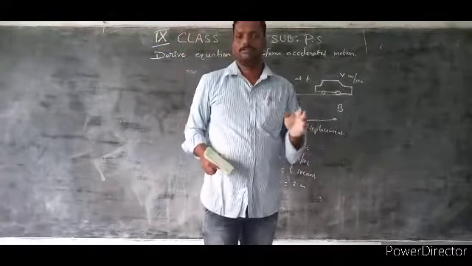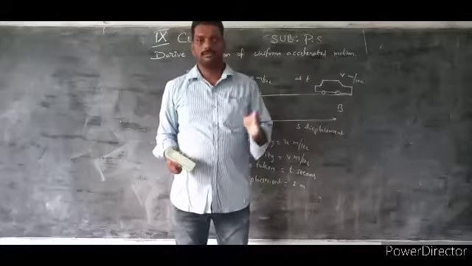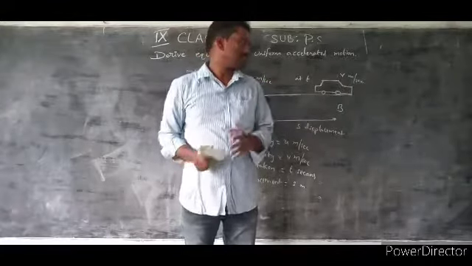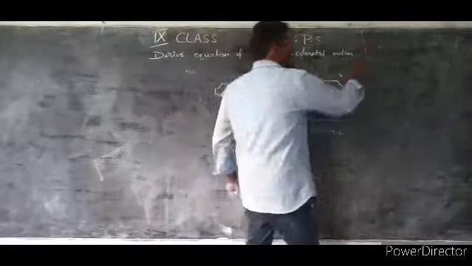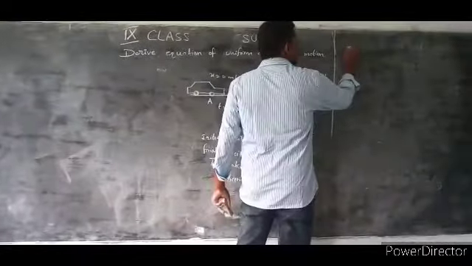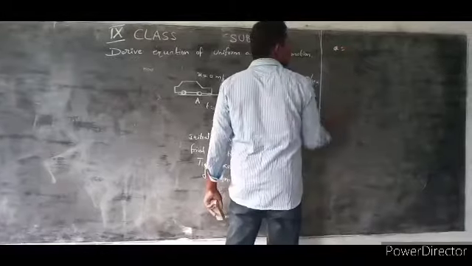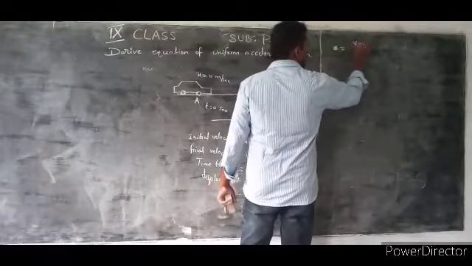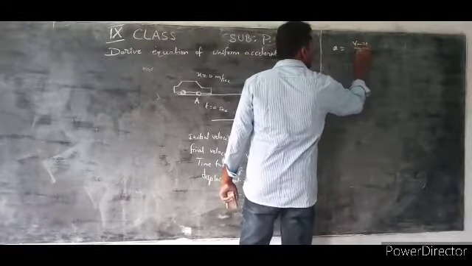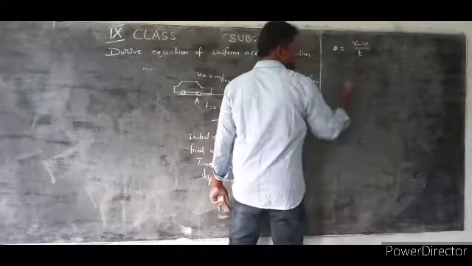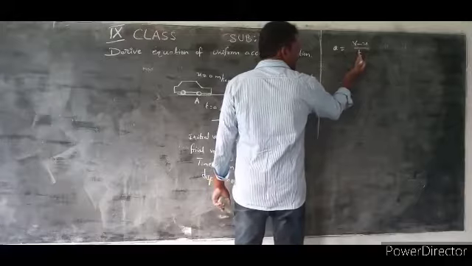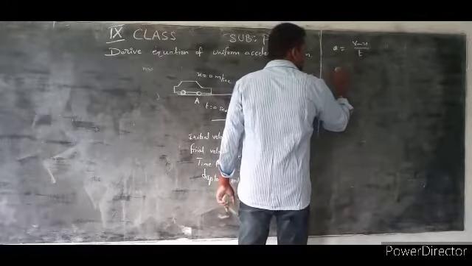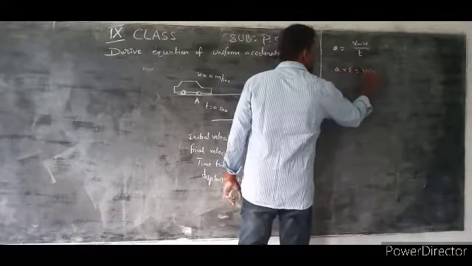The rate of change of velocity is known as acceleration. Here, acceleration a is equal to the rate of change of velocity. So t is transferred to the left-hand side: a into t is equal to v minus u.